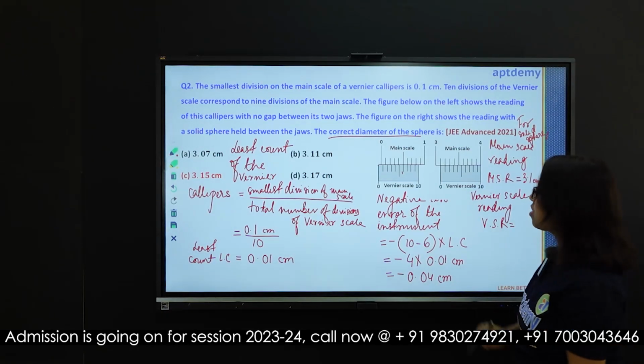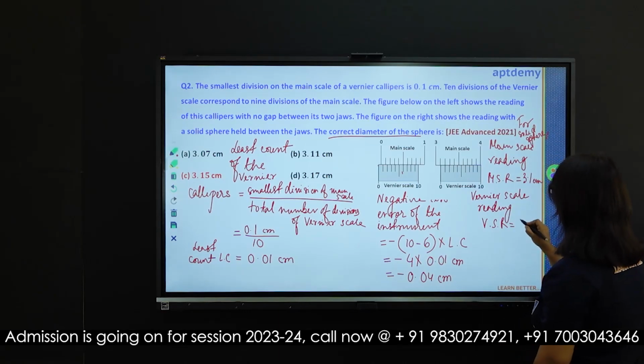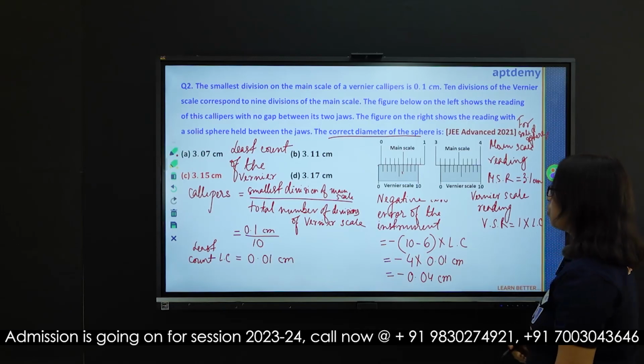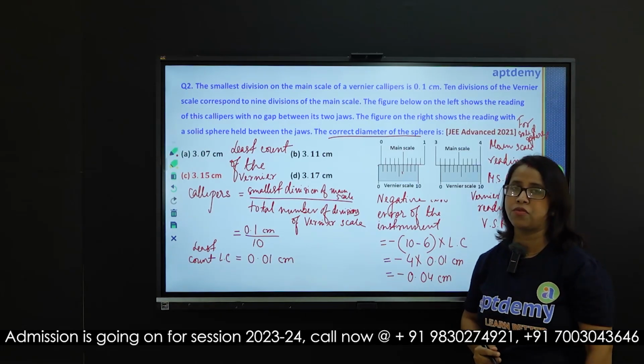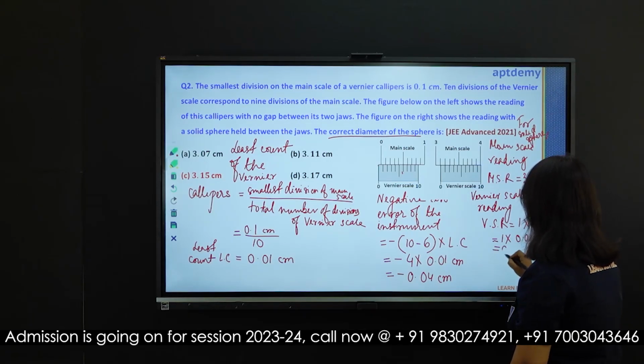So, this suggests that the vernier scale reading is the first division. So, we have the first division multiplied by the least count. Do not forget to multiply the factors with the least count. So, this gives us a value equal to 1 times 0.01 centimeters, that's 0.01 centimeter.